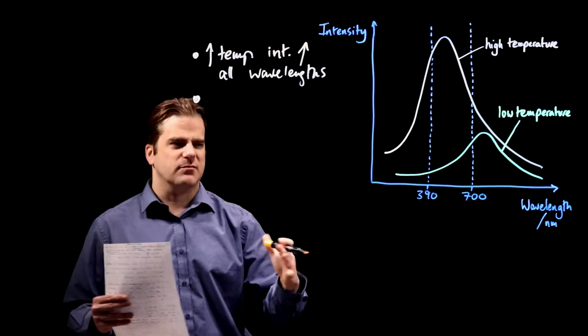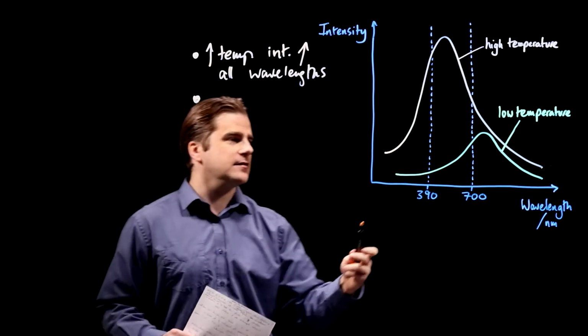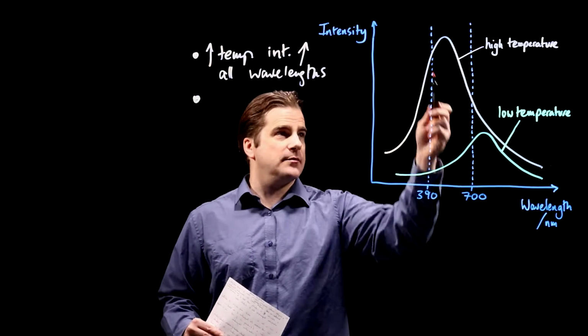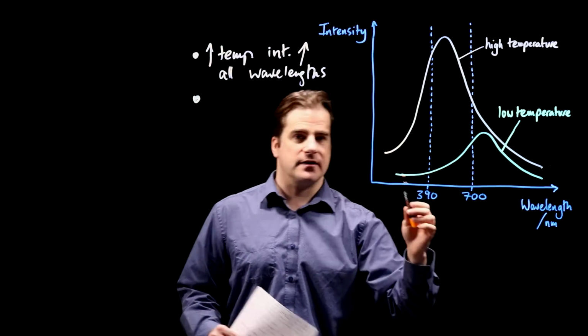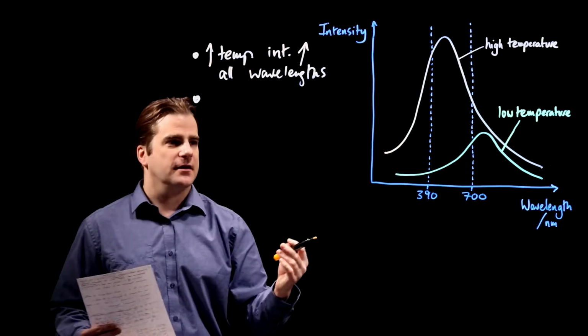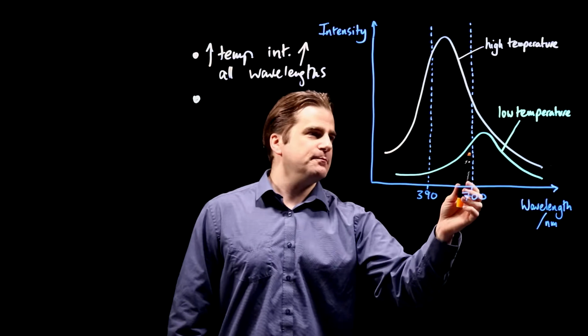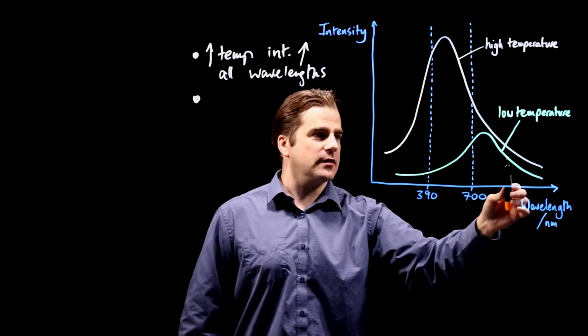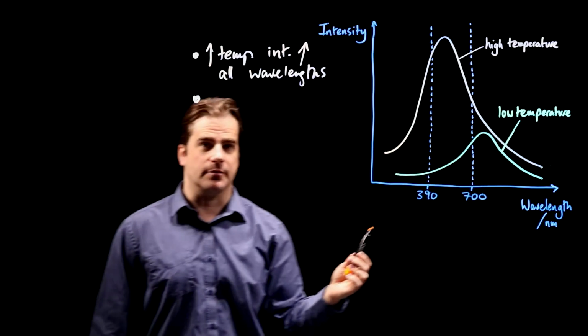Say something else that's maybe not quite so obvious, but if you think about it, I'm sure we can come up with it. As you go from low temperature to high temperature, the distribution of wavelengths changes. That's just a clever scientific way of saying that the shape of these two lines is different at the different temperatures. The peak is in a different place, for example.